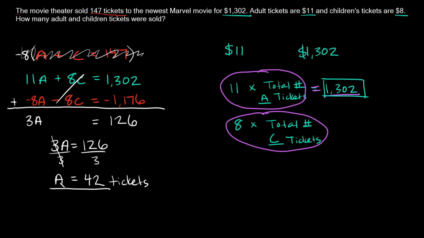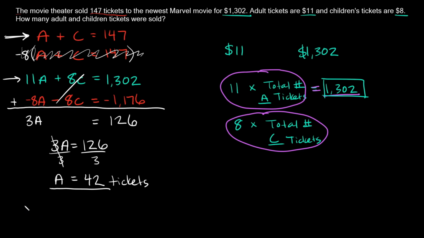Well, all you have to do is plug in your A right here, 42, into one of the original equations, okay? And I know I kind of scratched it out, but this was one of the original equations, right? A plus C is equal to 147. So you could either plug it into this equation right here or this equation right here. And obviously this first one looks a lot easier to work with, right? So let's plug it in right there.